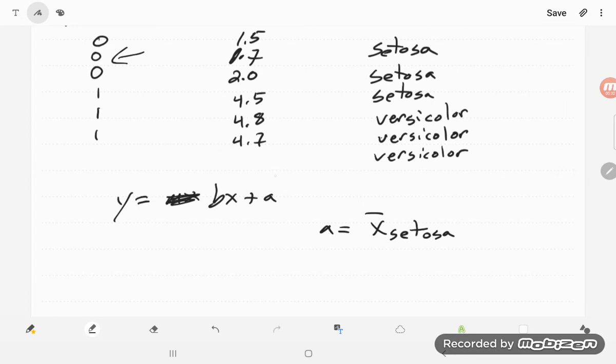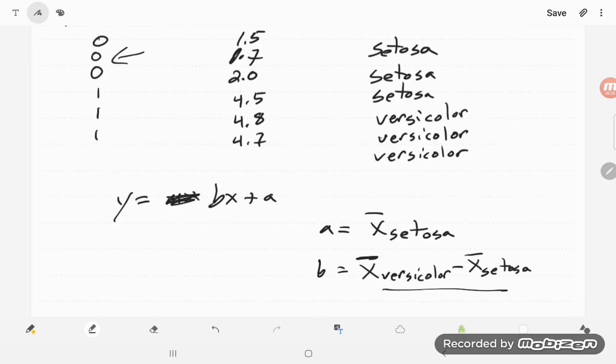Okay, so your intercept just turns out to be the average value for the setosas. And then the slope b is going to be the versicolor average minus the setosa average.